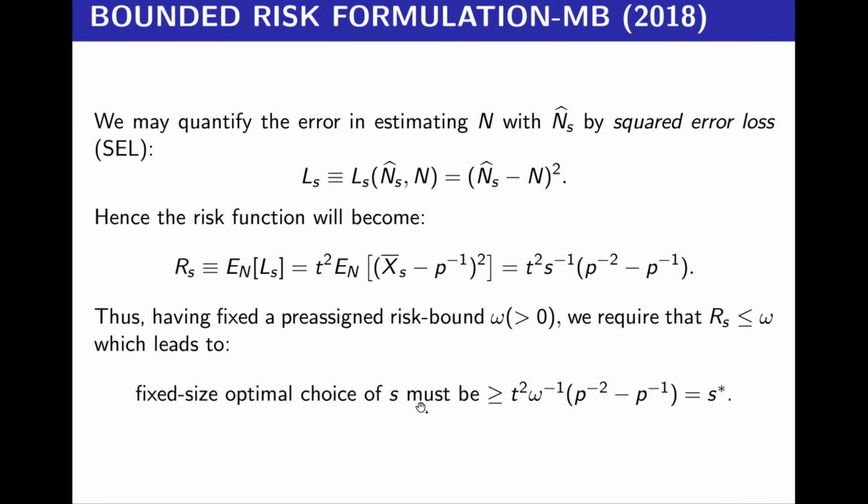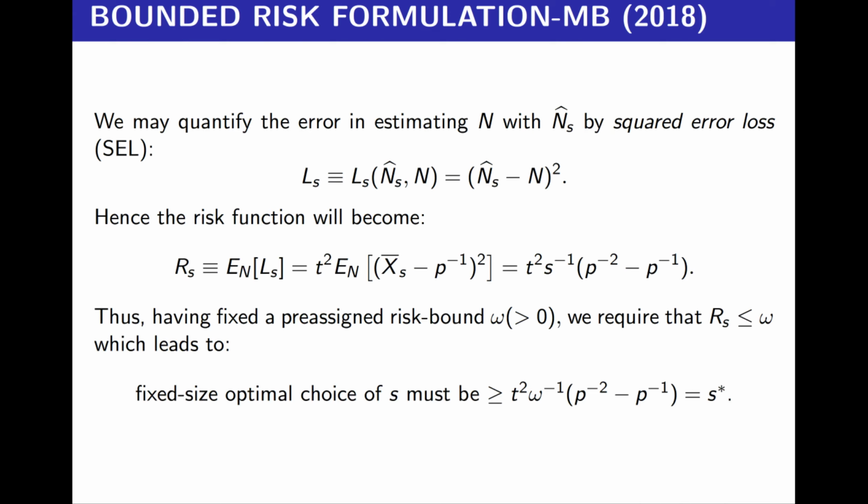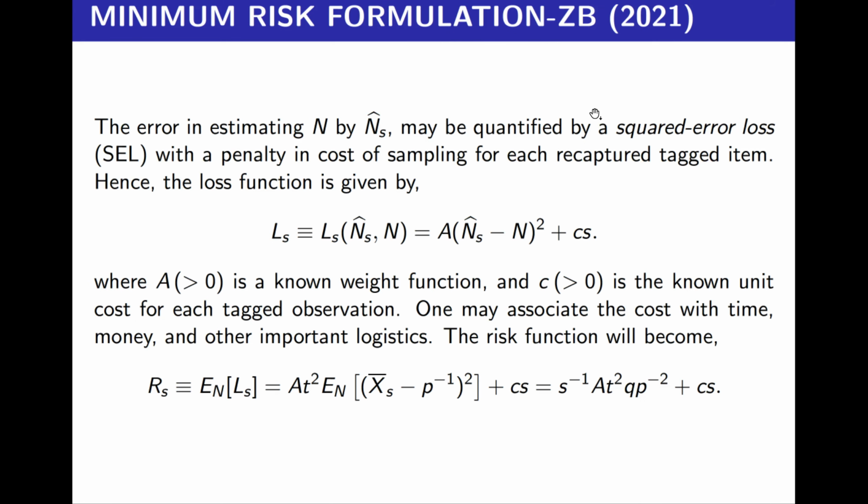The fixed size optimal choice for S is given by this. But if we want to minimize the risk instead of bounding the risk, this bounded risk formulation was done by Mukhopadhyay and Bhattacharjee in 2018, and then recently Zhuang and Bhattacharjee formulated a minimum risk point estimation.